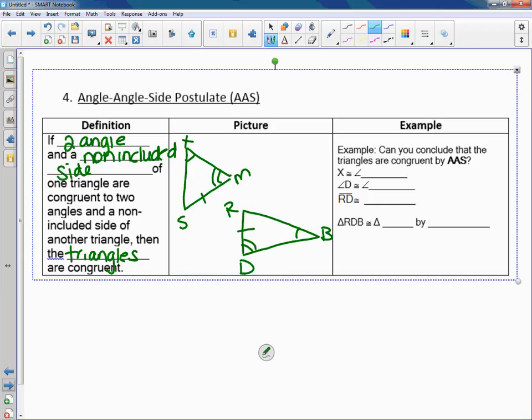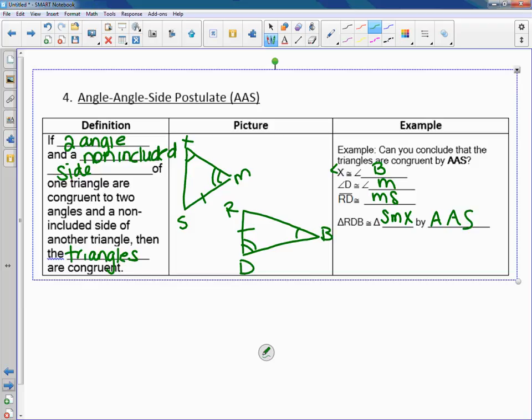Well, first of all, angle X is congruent to angle B. Angle D is congruent to angle M. And RD is congruent to MS, or SM. Therefore, triangle RDB is congruent to triangle SMX by angle, angle, side.